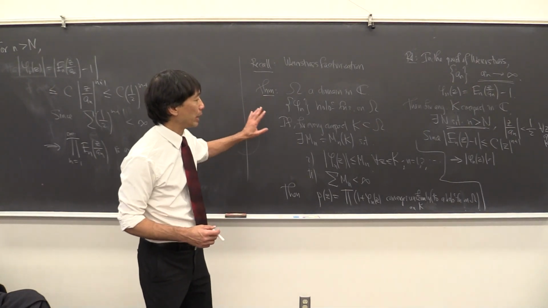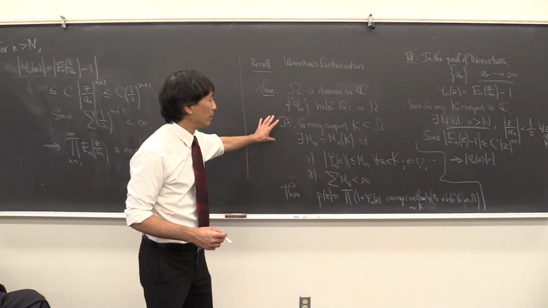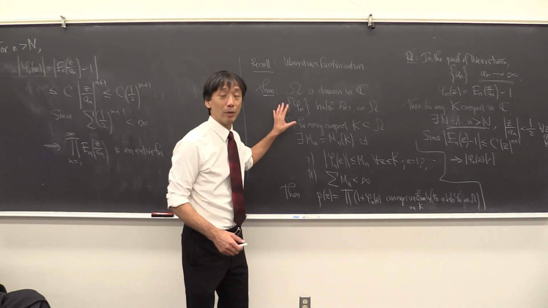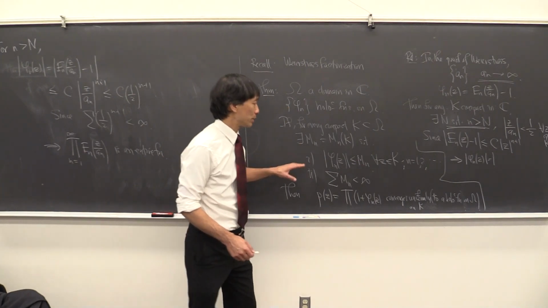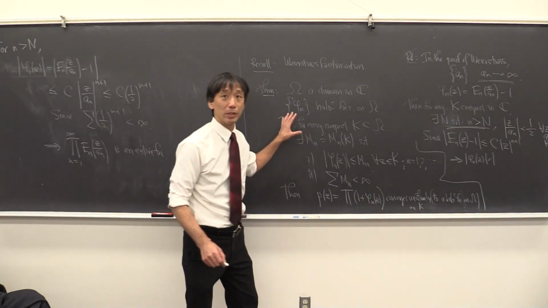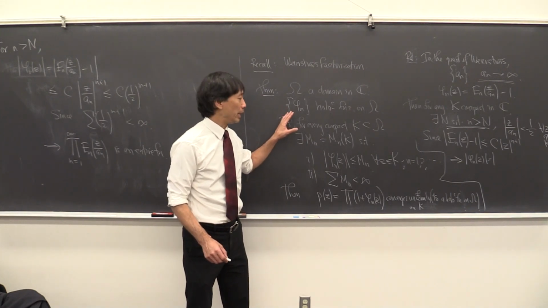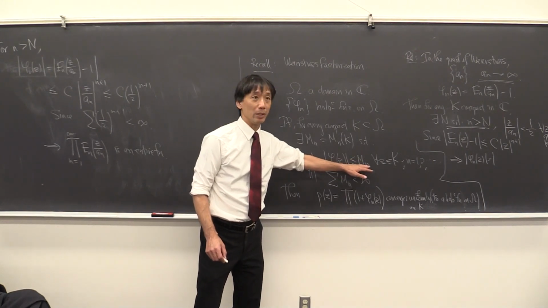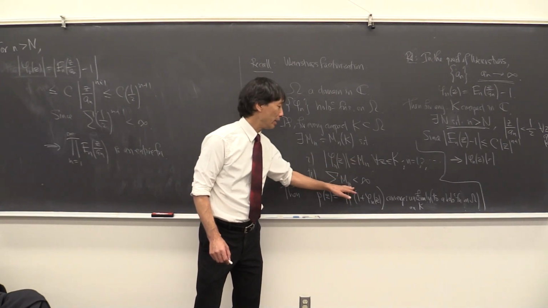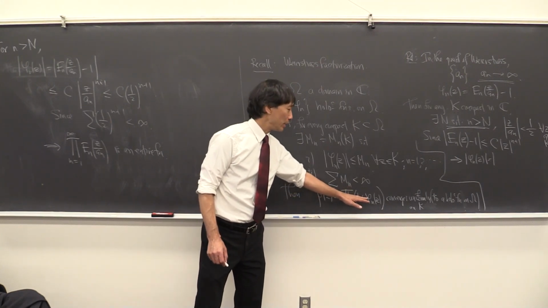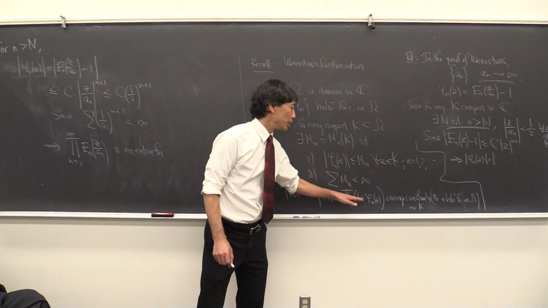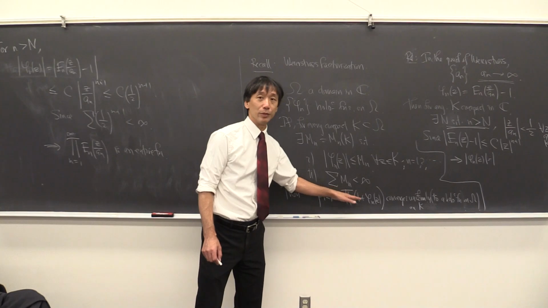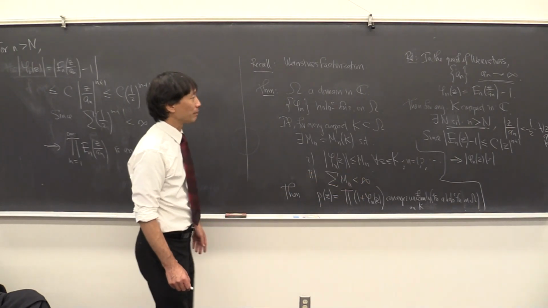So we have this result, which is basically a kind of Weierstrass test for products: if the difference from 1 is bounded and the sum of those bounds is finite, then the product converges uniformly to a holomorphic function.